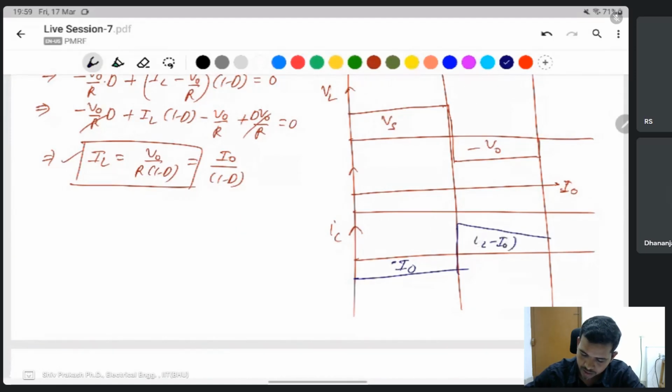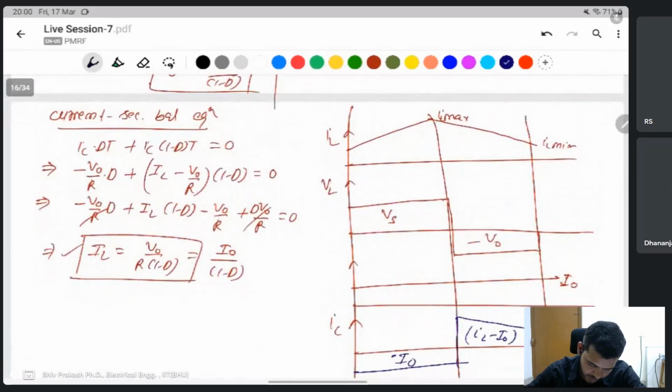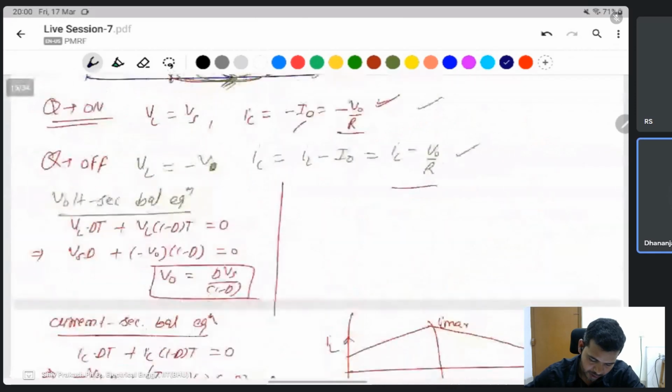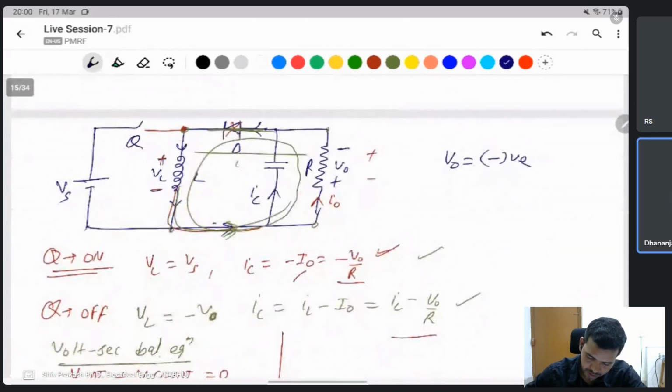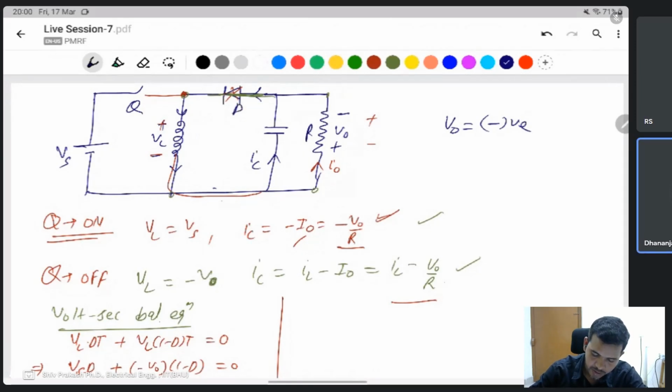So that, you can observe here IL, we take the output current as I naught, and can observe here on the circuit, the IL current flows when the switch is off.